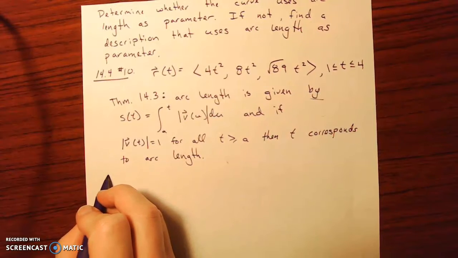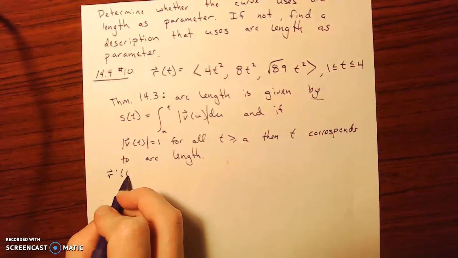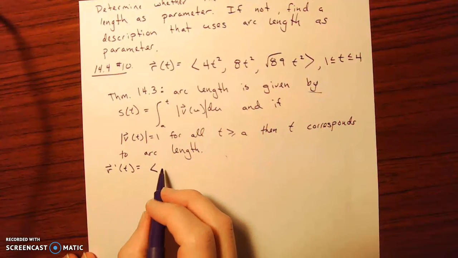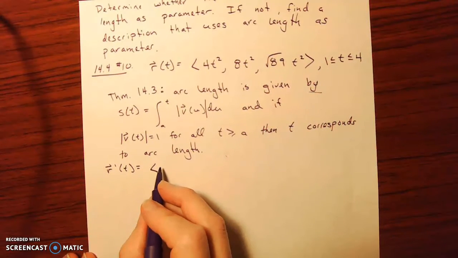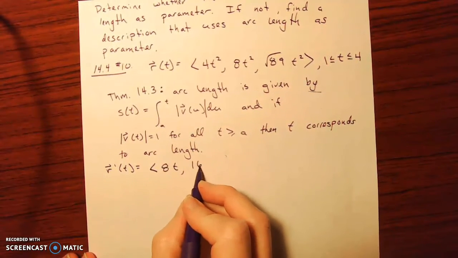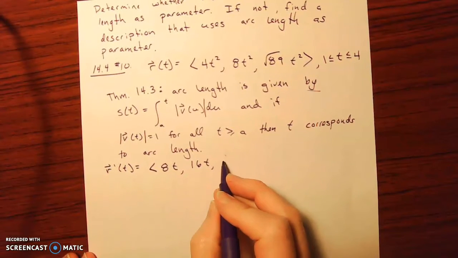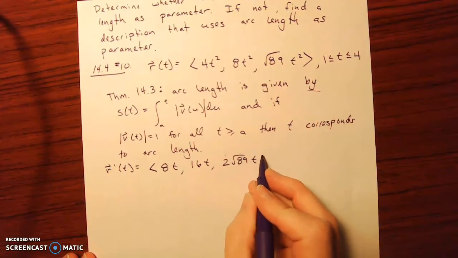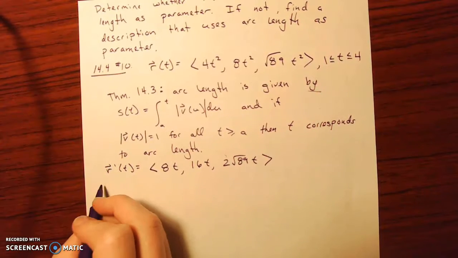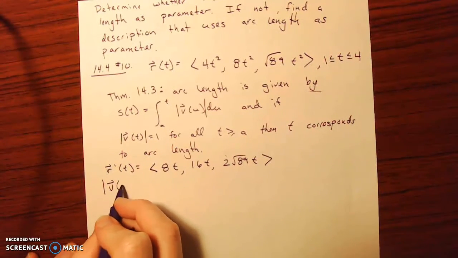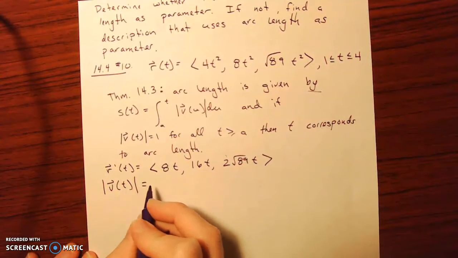All right, so let's take a look at r prime. Looking up at our function r, the derivative has components 8t, 16t, and 2 square root of 89t. Let's find the magnitude of r prime or the magnitude of v, whichever notation you want to use.